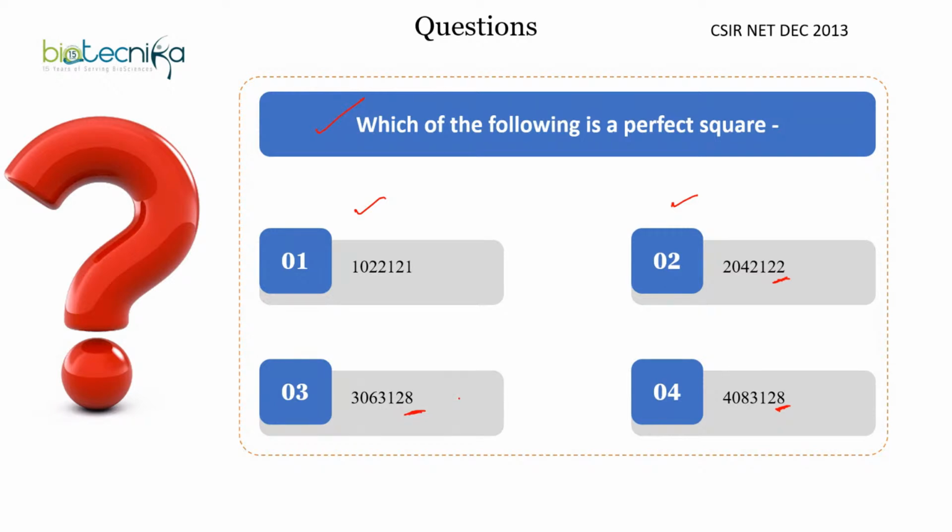So we already learned any number ending with 2 or 8 is not a perfect square. So हमारे पास option क्या बचा? The only option we got is option number 1, that is 1022121. This is the correct option.